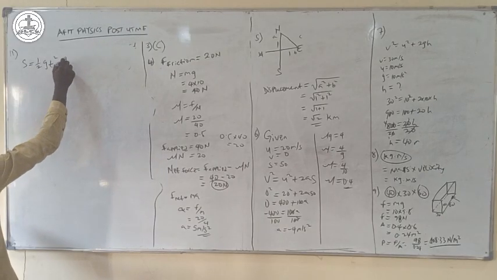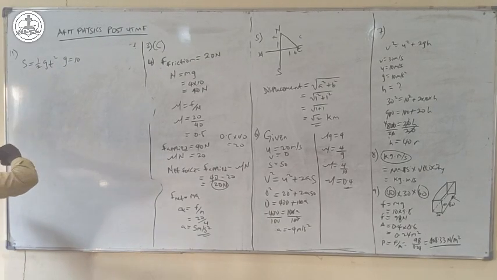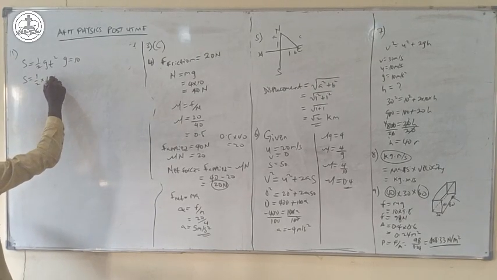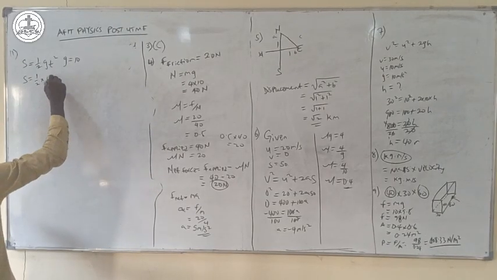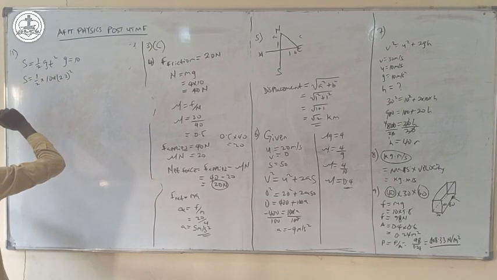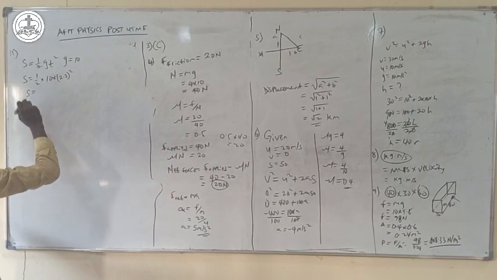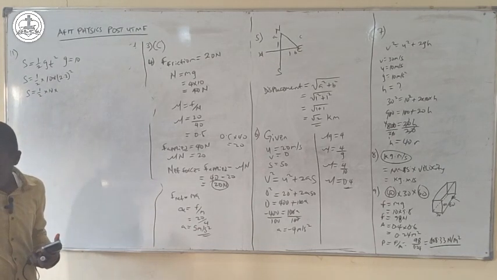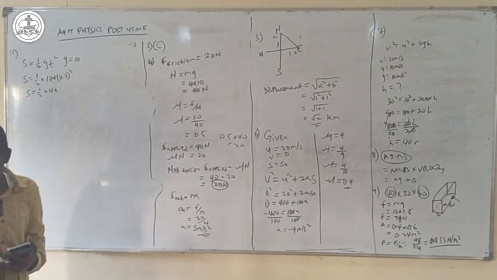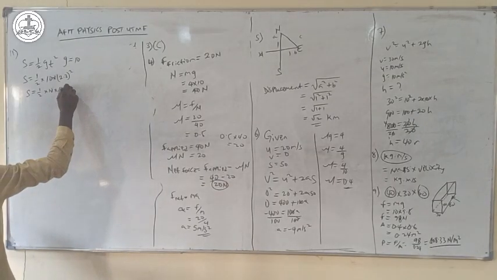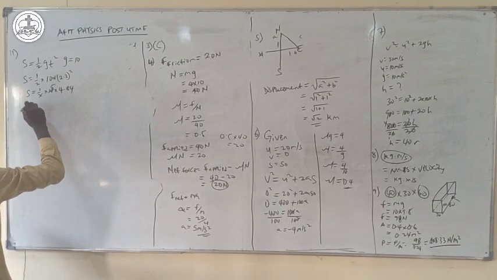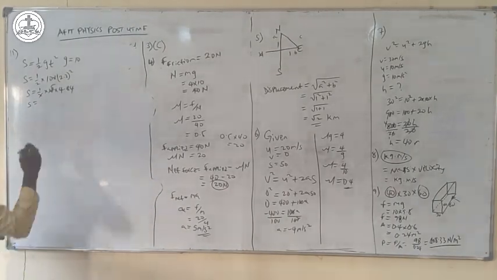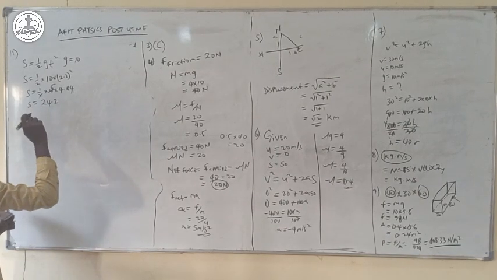And remember our g is equal to 10. So S is equal to 1/2 times 10 times 2.2 squared. 2.2 squared is equal to 4.84. So this cancels, this is 5. So our distance is equal to 24.2 meters.